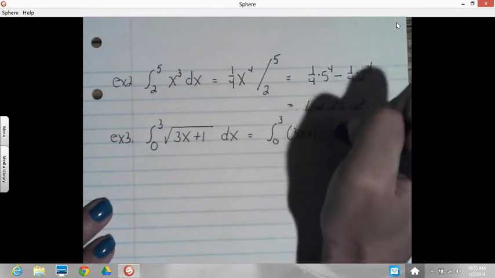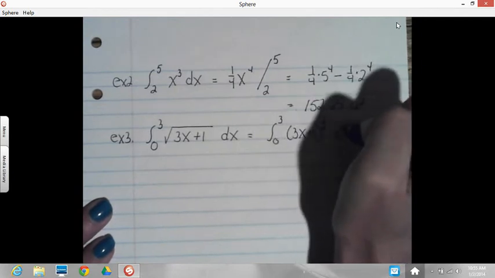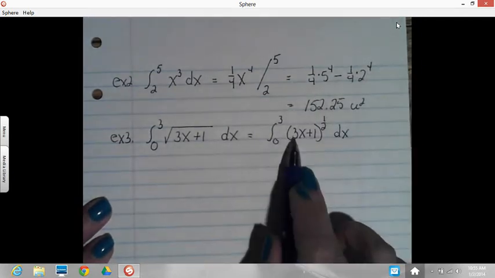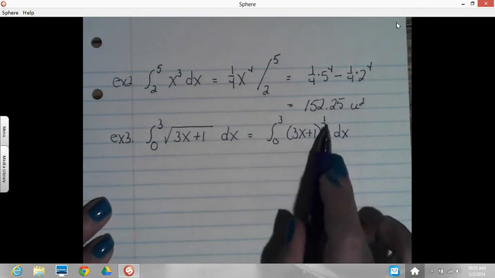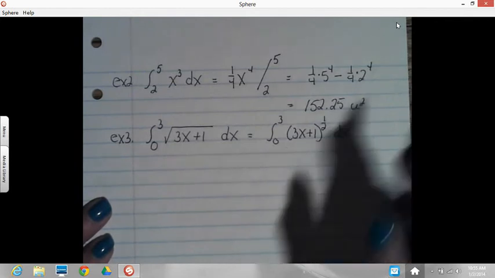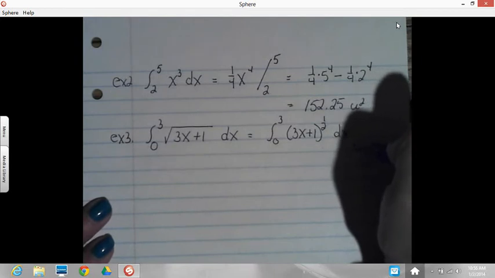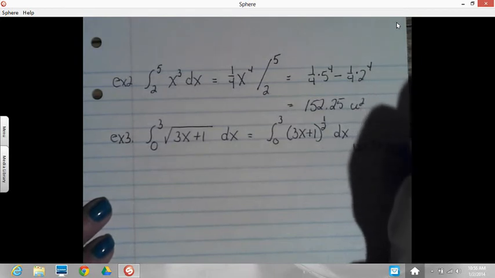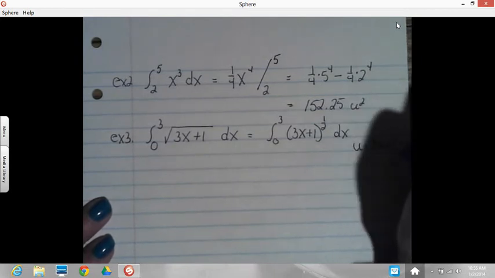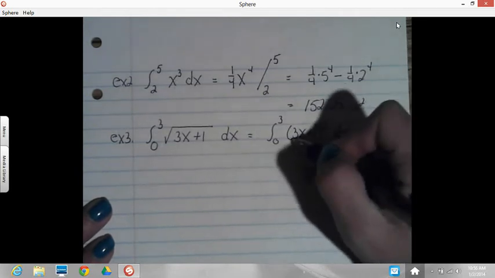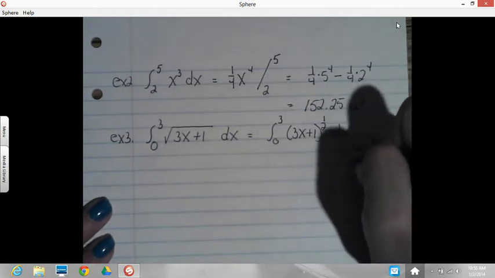So here I do have an inside because there's an exponent that's not equal to 1 there. So the u is equal to 3x plus 1. And you could do this one in your head. You don't have to write this part out because you can see the derivative of the inside very easily here. So that u prime is 3 dx.